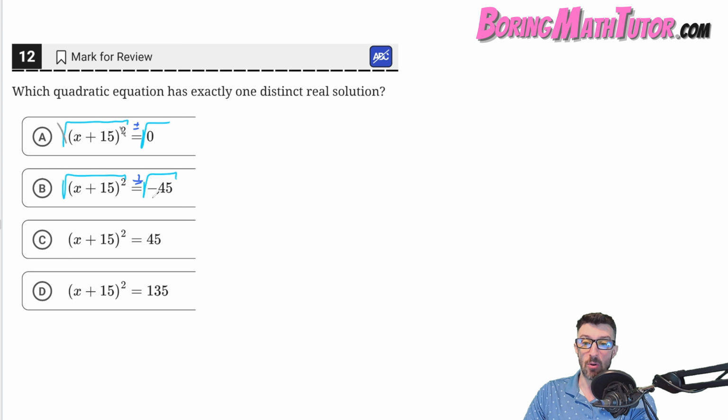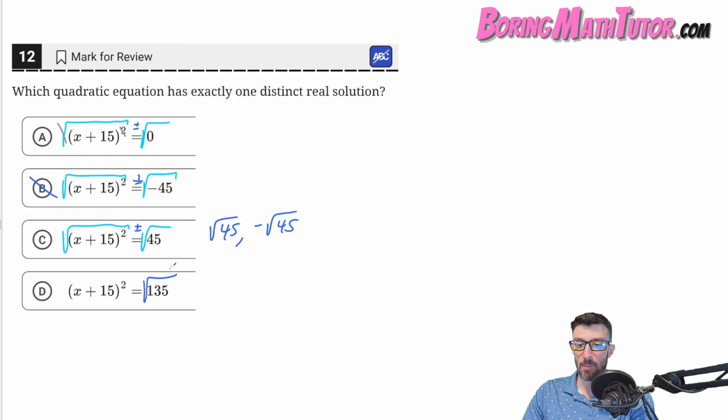I'm going to get 0 because it's the square root of a negative number. And when I'm looking at C, am I going to get one real solution? Well, no, because of the plus or minus. That actually means that one time you would have the square root of 45, but one time you would have the negative of that.